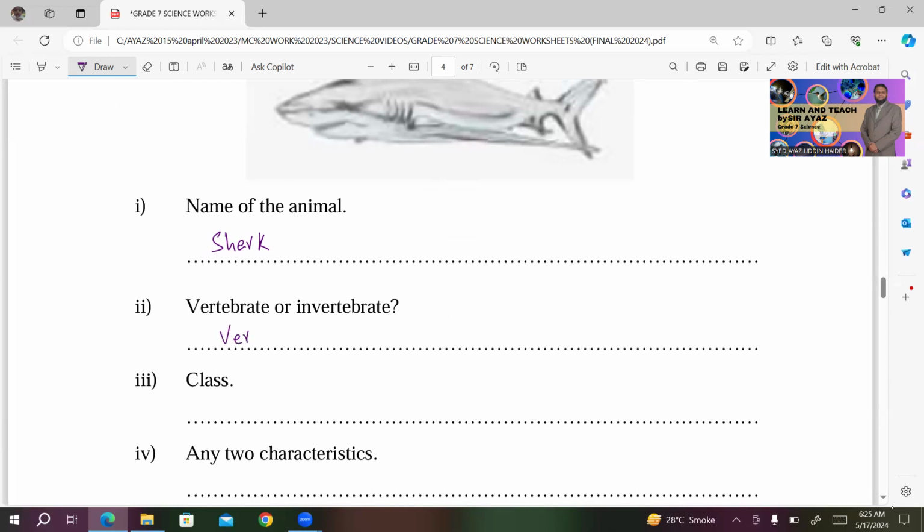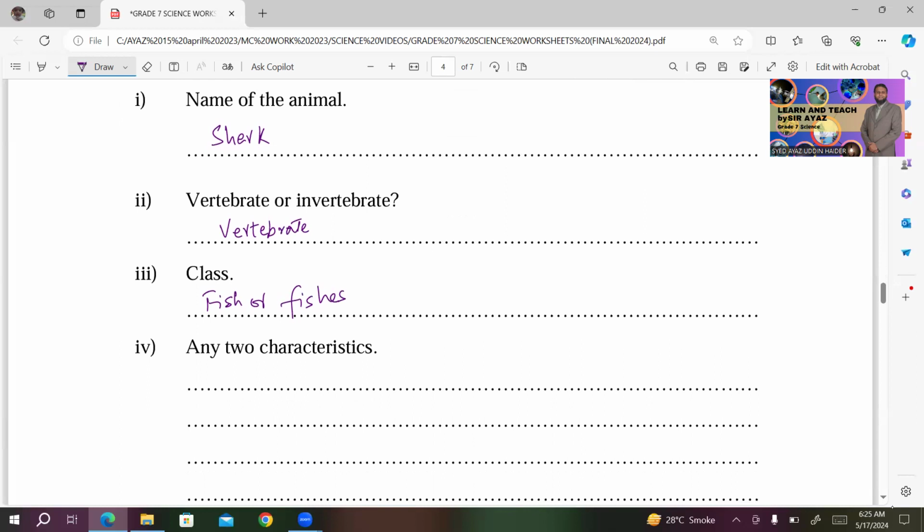So you write vertebrate. Class: fishes or fish, both are acceptable. Now you have to write any 2 characteristics of fish.